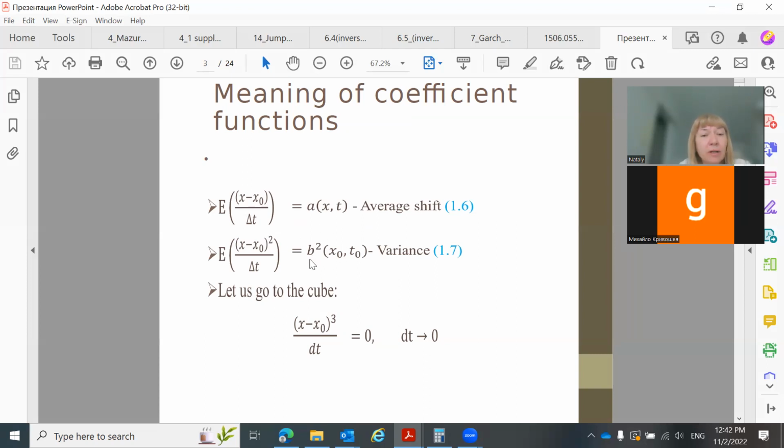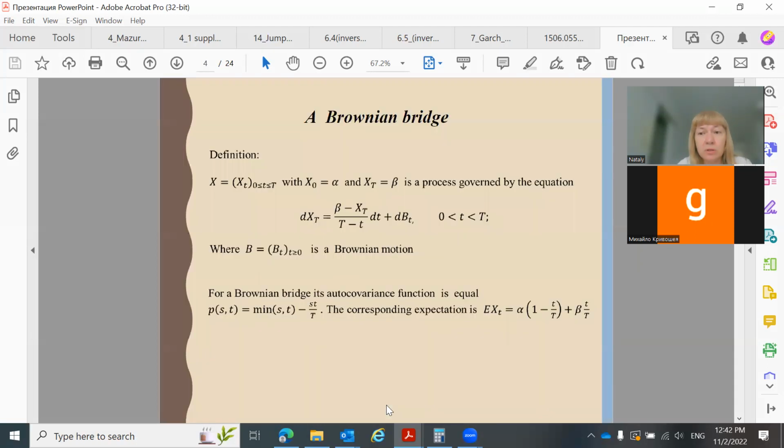And function b squared is the variance, the mean shift of the second order. And we know that the mean shift of higher order is zero, under the assumption that dt tends to zero.